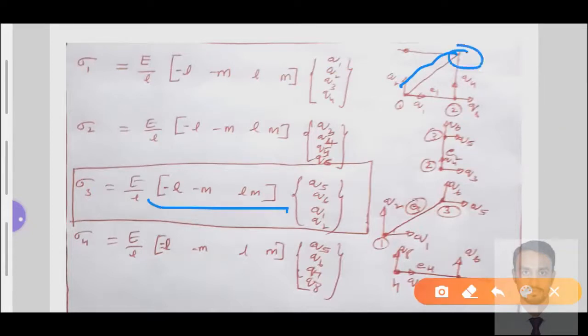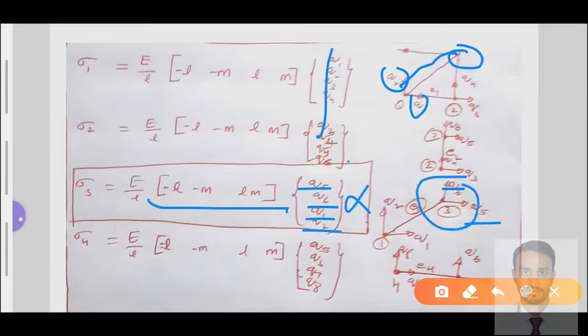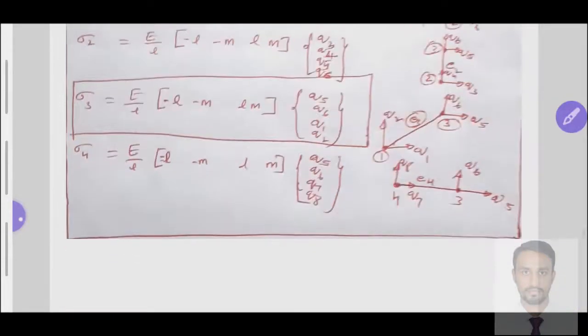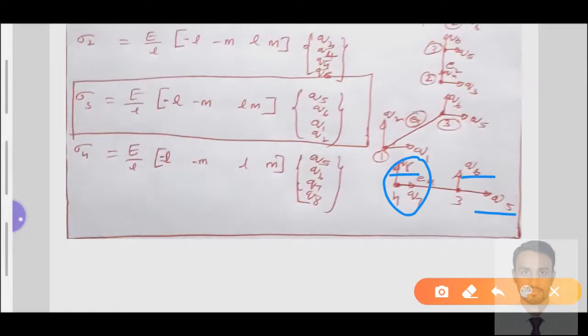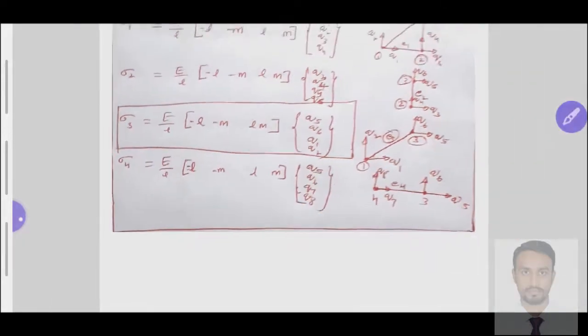It starts from 5 6 and ends at 1, okay, 5 6 1 2. Here it is continuous, but it is discontinuous. Very important, so that is the reason the equation is not satisfied. Then this one starts from 5 6 7 8. Now you got the idea, I think.